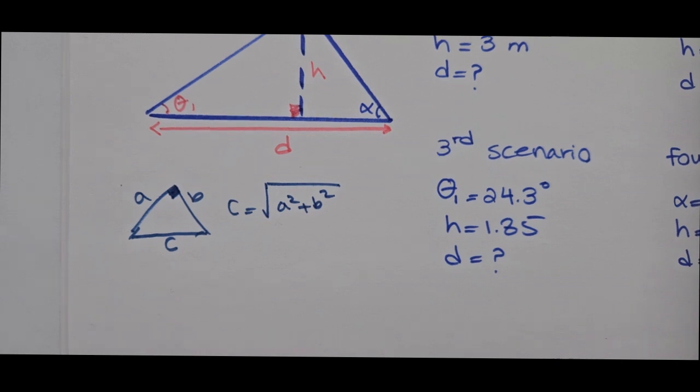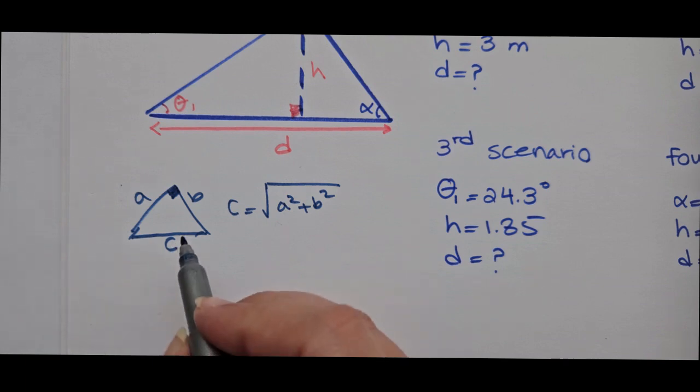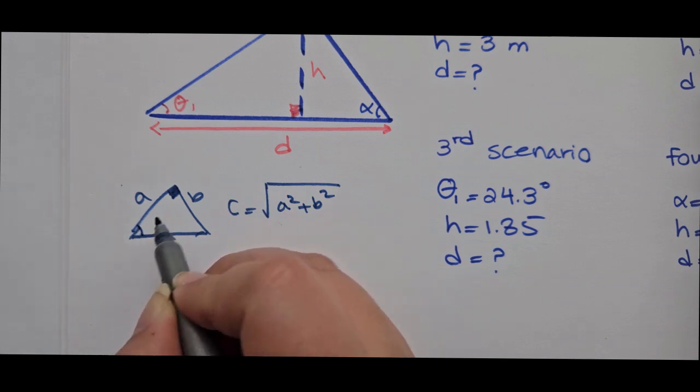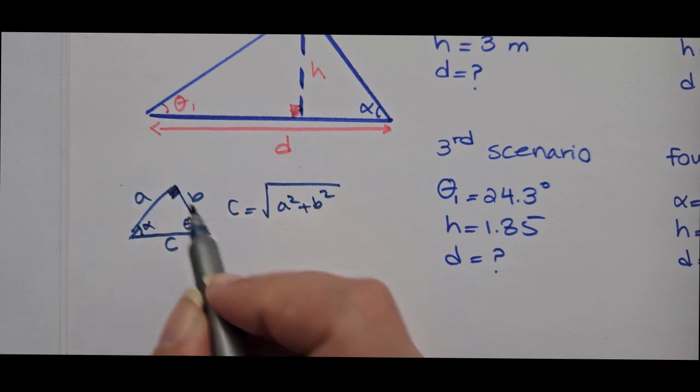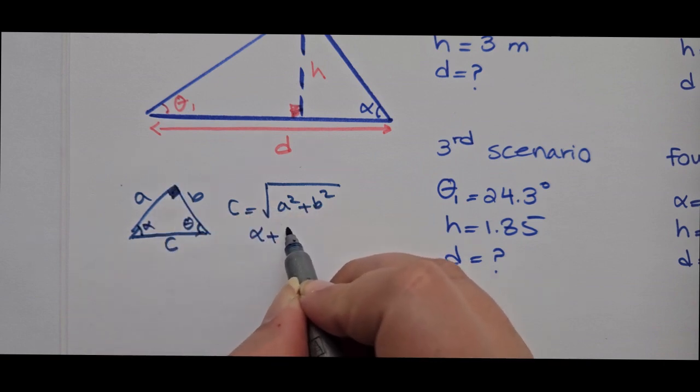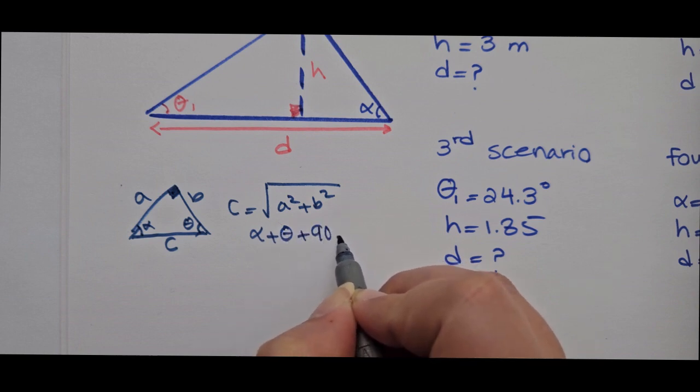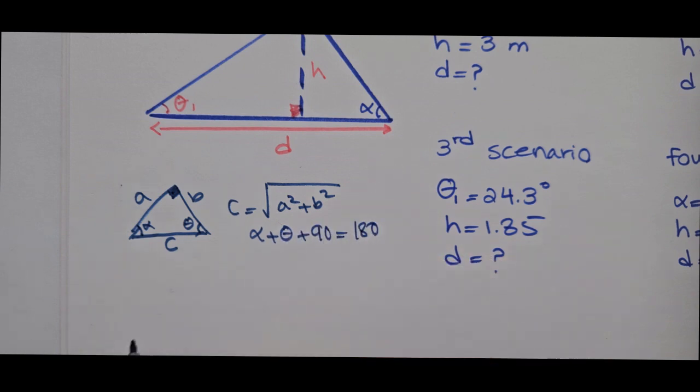On the other hand, for any triangle, the sum of the internal angles would be 180. That means this plus this plus this. Let me call this alpha, theta, and this: alpha and theta and 90 degrees is 180. Does it need to be specifically a right angle? No, actually any triangle.